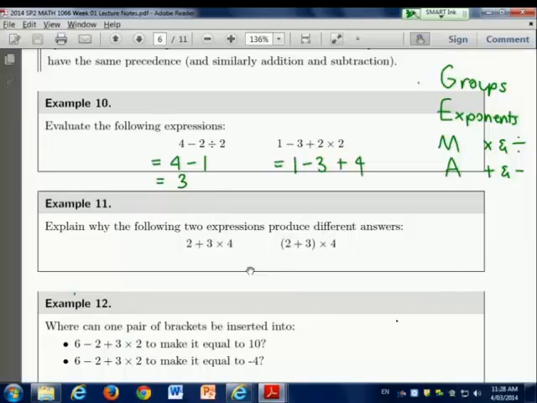Subtraction or addition? Addition. Left to right. Left to right. Even though the subtraction comes first, addition and subtraction have the same level of precedence, so we do them left to right. So 1 minus 3, think about our number line, takes us to minus 2 plus 4. This one works out to be 2.